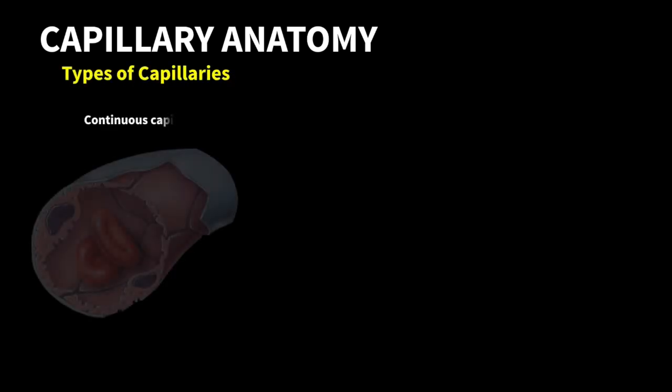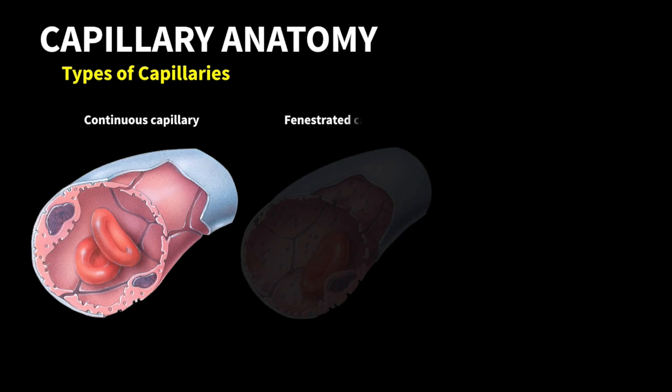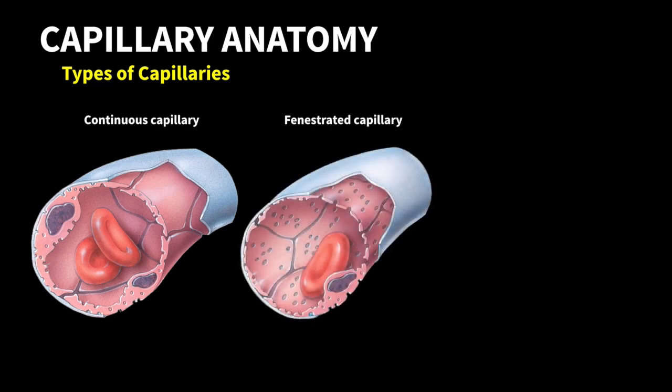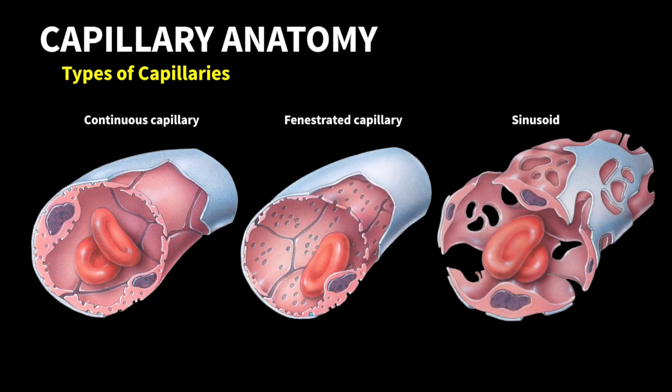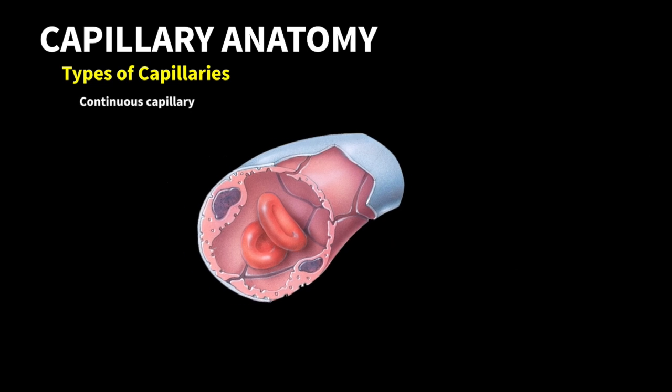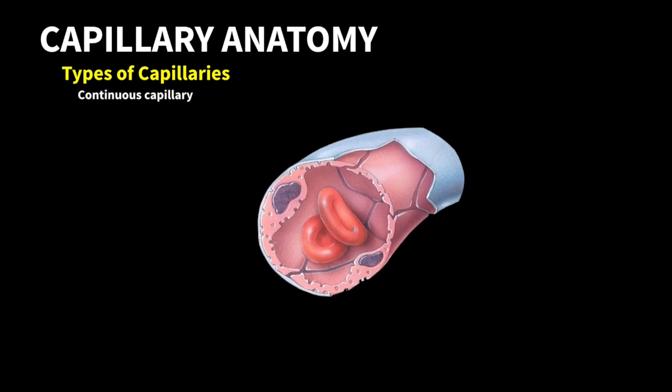There are three types of capillaries in the body: continuous capillaries, fenestrated capillaries, and sinusoids. Continuous capillaries are the most common type of capillary. They have plasma membranes that form continuous tubes that are interrupted only by intercellular clefts, thin gaps between neighboring endothelial cells.